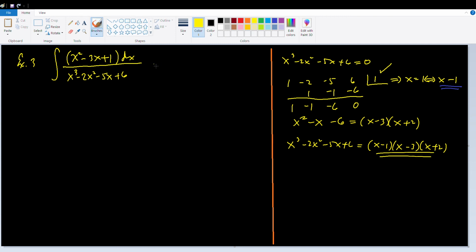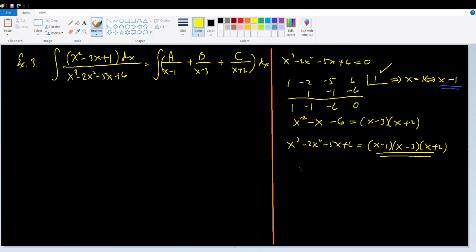So we can write this now as the integral of three partial fractions, a over x minus 1 plus b over x minus 3 and c all over x plus 2, dx. So we just have to solve for the values of a, b, and c.